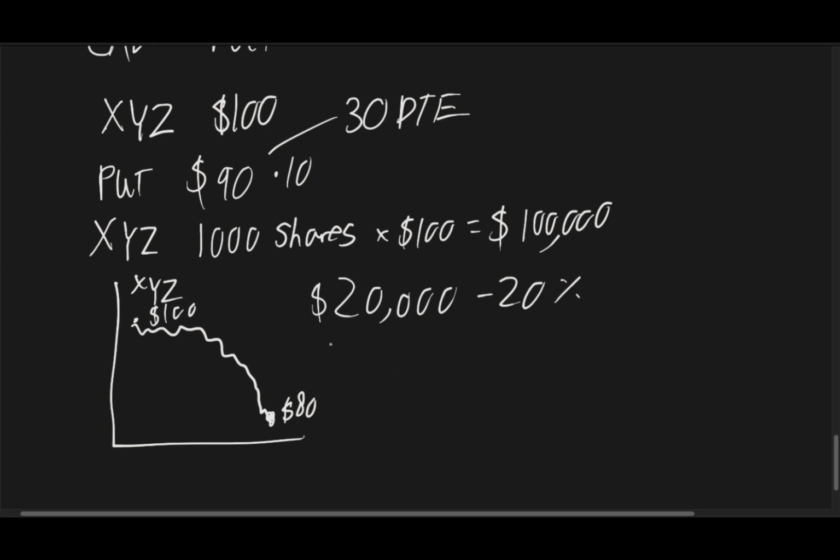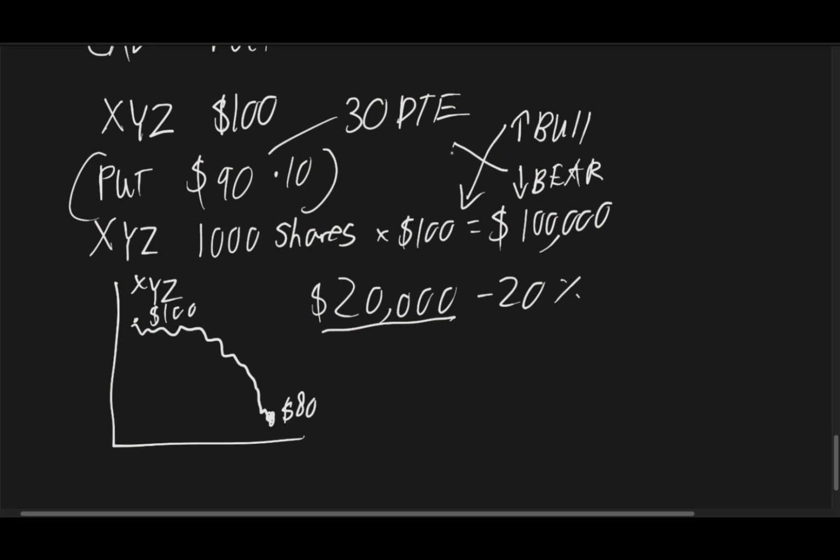You would basically lose this $20,000, but since you are hedging your position with this put option, you have a bullish side of the trade, which is holding the stock, and then you have the bearish side, which you can call insurance, which is this sort of option here. So you would lose $20,000.